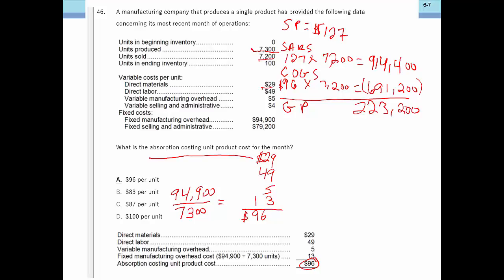Okay, good. So we get that number. And then what? Then we have to take our selling and administrative expenses, don't we?